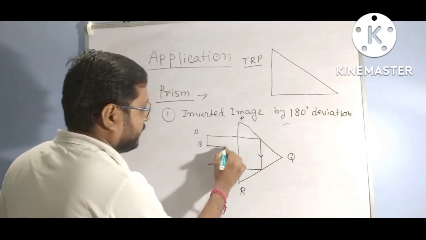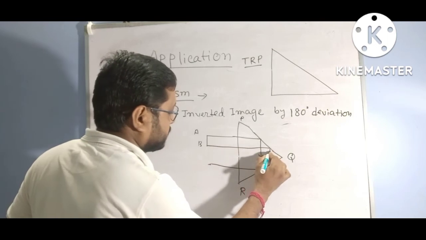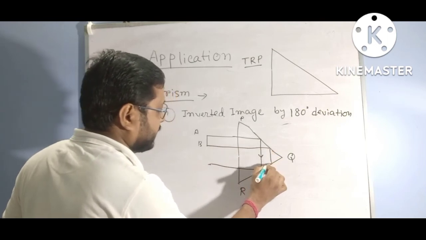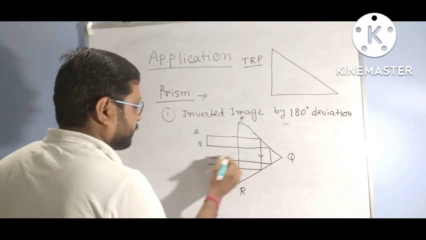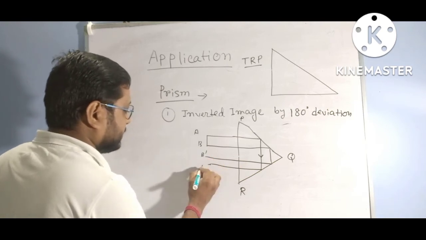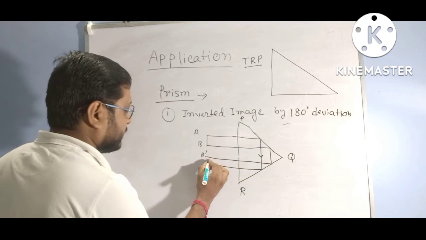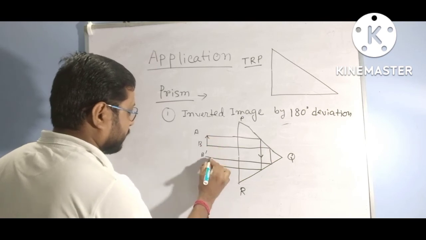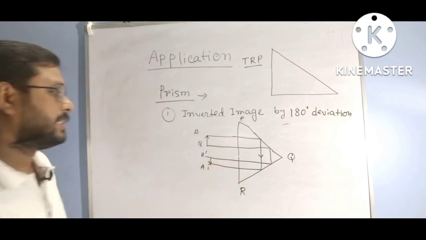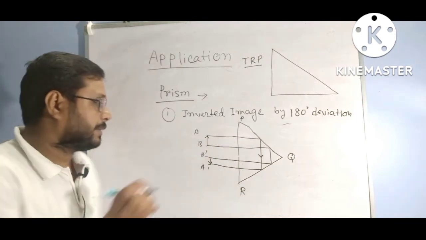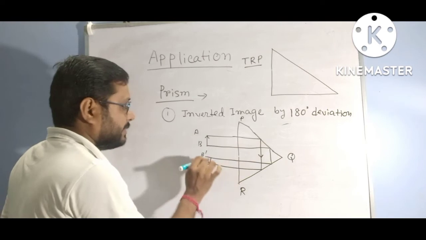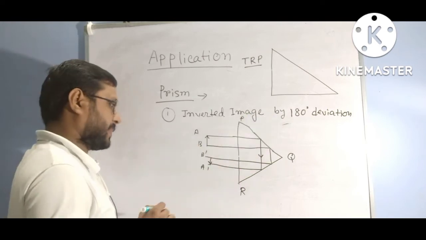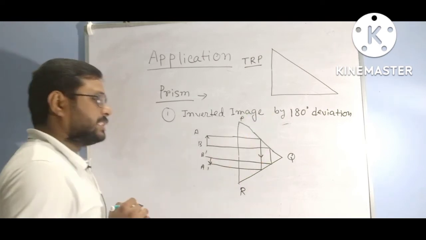Another ray from B also comes, gets total internal reflected and gets out from this. So this is B dash and this is A dash. We can get the inverted image, and the finally incident ray and the emergent ray have deviation 180-degree, becoming opposite direction.